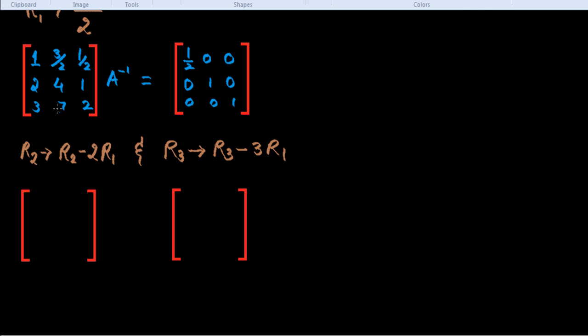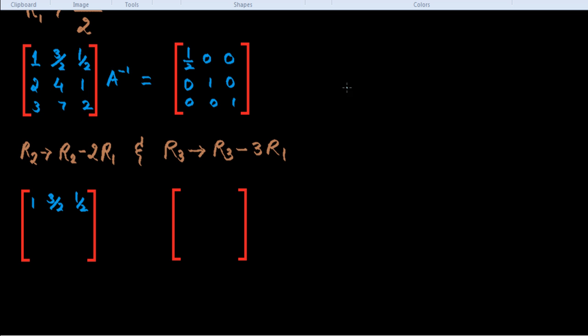Look at this. The first row would be same, because there is no transformation in first row. So we write as it is, 1, 3 by 2, 1 by 2.